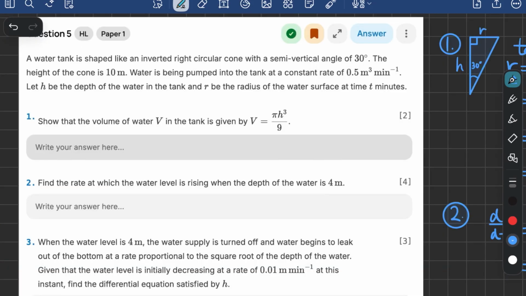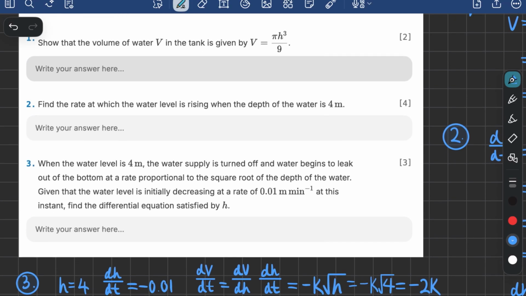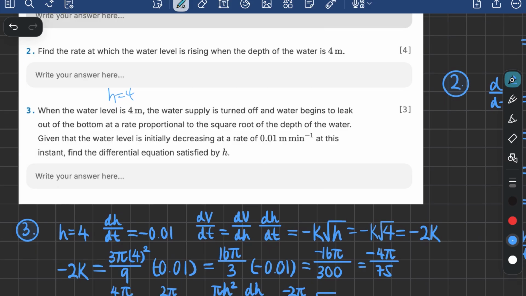The third question might be a little challenging because of the wording and what it means. h is still 4. And now we turn off the water supply and the water is leaking out. And this rate is proportional to the square root of the depth of the water. So the rate of the water leaking out is also dV/dt, but now it's negative.